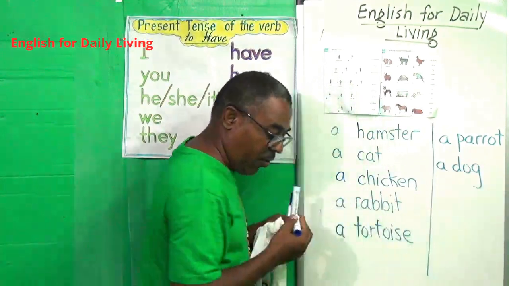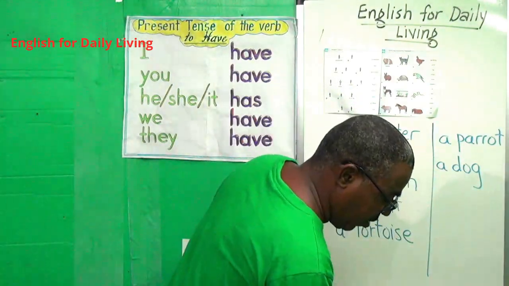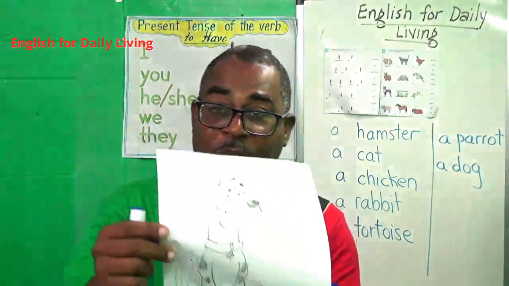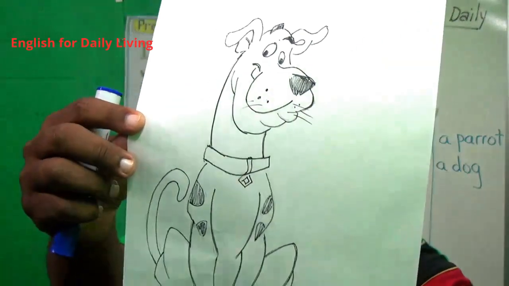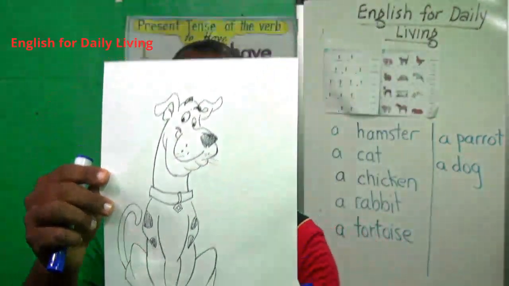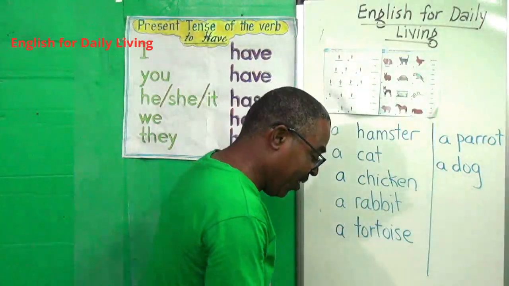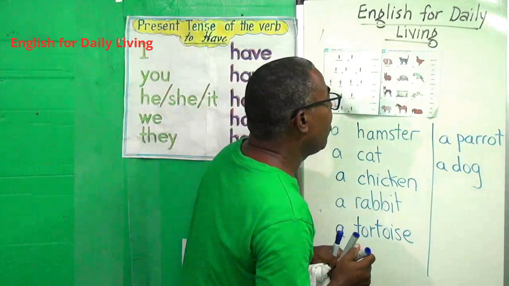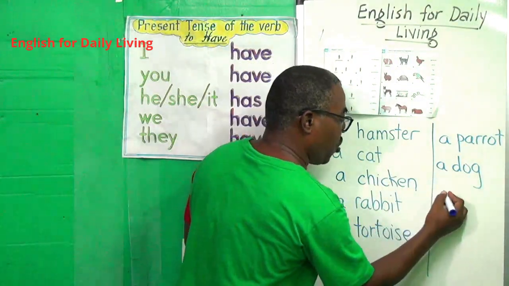Okay, I drew a dog for you. I have a dog for you. This is a nice little dog. I think his name is Scooby-Doo. And then we have here a fish.